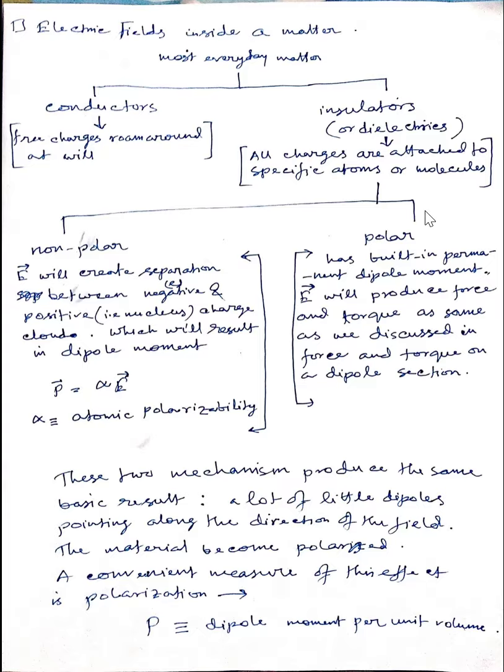So for that case, I'm discussing at the atomic level, so I will consider the atom. If there is no permanent dipole moment and I apply an electric field, what will happen? The negative and positive charge clouds will create a separation.